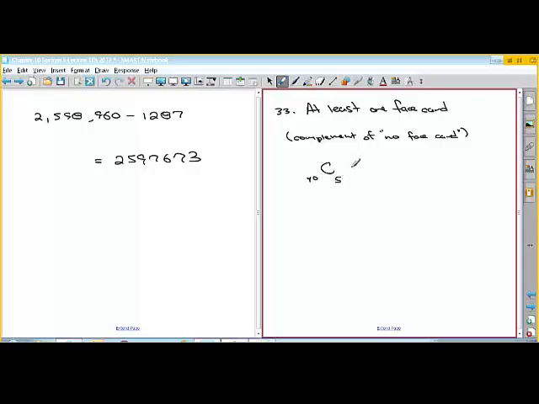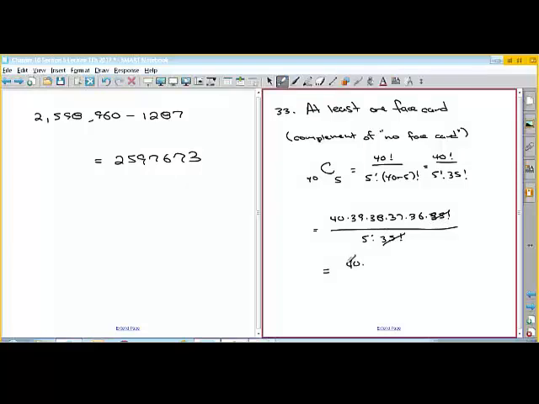So to find the number of hands that have no face cards, we take the number of cards that are not face cards, and we take those 5 at a time, and that'll answer the complement question. The combination formula says it's 40 factorial divided by 5 factorial times 40 minus 5 factorial, which is 40 factorial divided by 5 factorial times 35 factorial, which is 40 times 39 times 38 times 37 times 36 times 35 factorial divided by 5 factorial times 35 factorial.